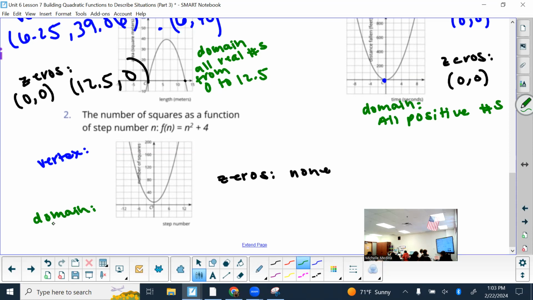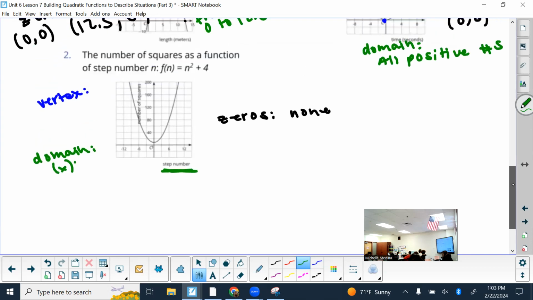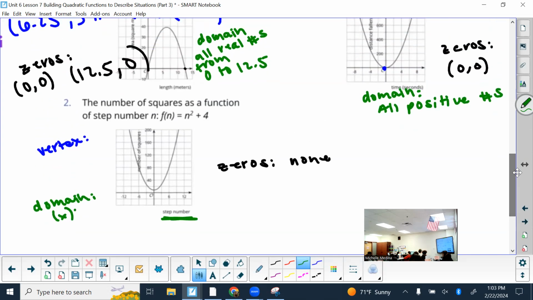And if we're talking about step number, which is what our x-axis is, is there a restriction on what steps we could have? So step number, like step 1, step 2, step 3. Could I have any negative steps? Could I have any fractions of steps? So how would you describe what my x's can be?